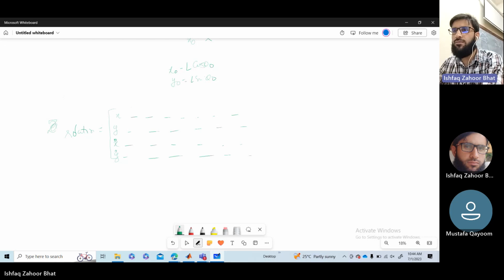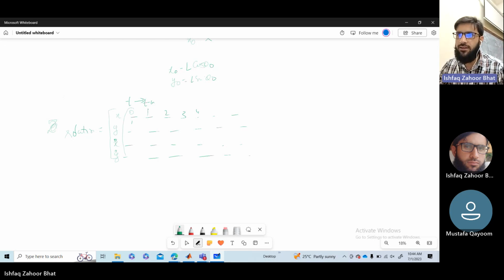This will be at time equal to 0. This will be at time equal to 1 step, 2 step, 3 step, 4. I'm not saying this is 1 second, 2 seconds. For example, this may be 0.001, 0.002, and so on. I'm just saying that this is at t equal to the first time step, t equal to the second time step.